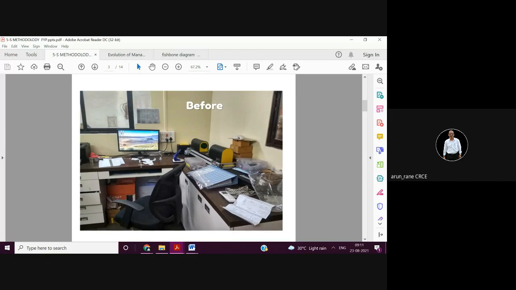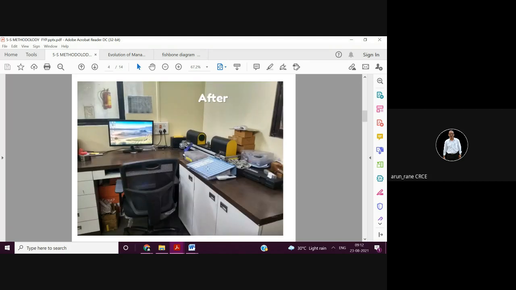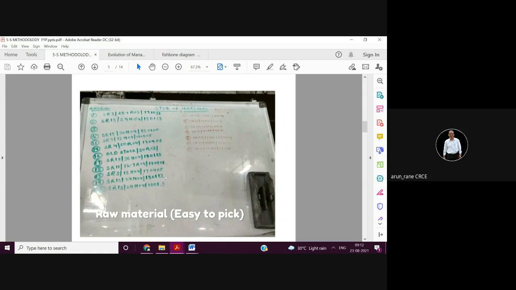And after implementing 5S, that is Seiri, ISO, etc., it looks like this. So in your project, if you add photographs like this, it gives the project a good impact or a good punch.